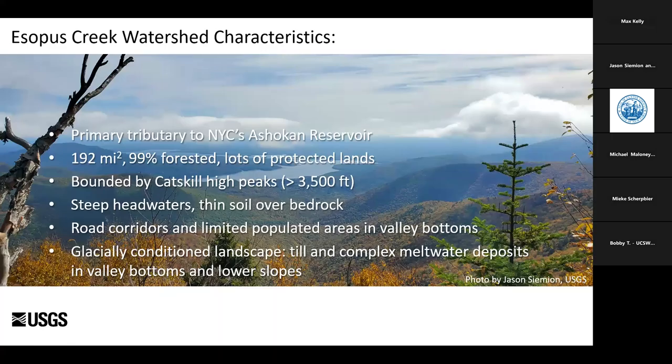There was considered one large glacial lake at one point during the last glaciation, and then potentially, with advance and retreat of ice, we may have had some smaller lakes that formed in different parts of the watershed. And when those were present, a lot of fine-grained material settled out into the bottom of those. That's what we're going to be concerned about and will be talking about in this presentation.